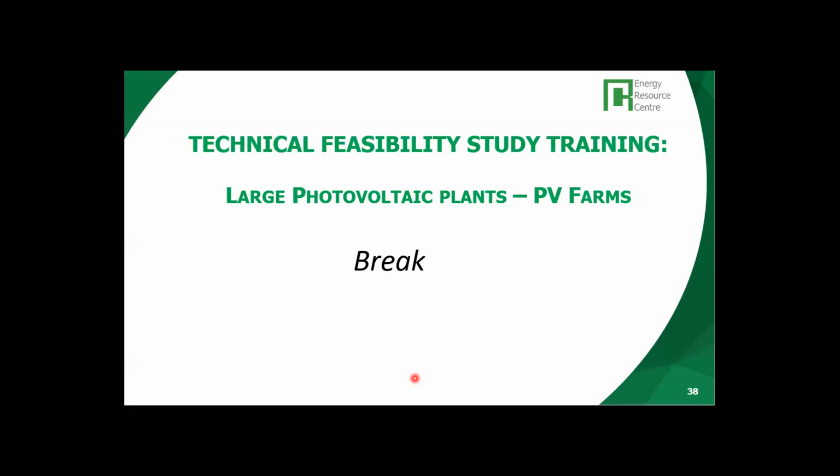The land available is always short. What else can we do? In towns it is different because you can use roofs, etc.